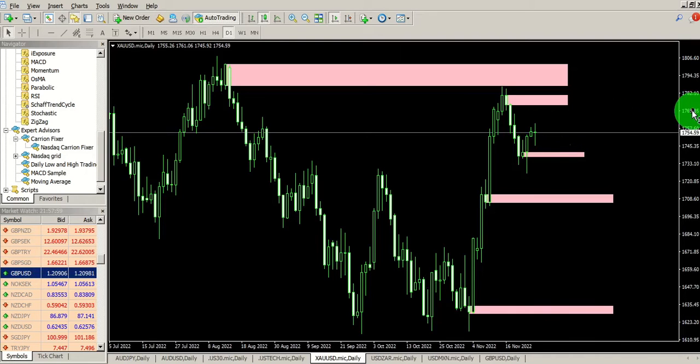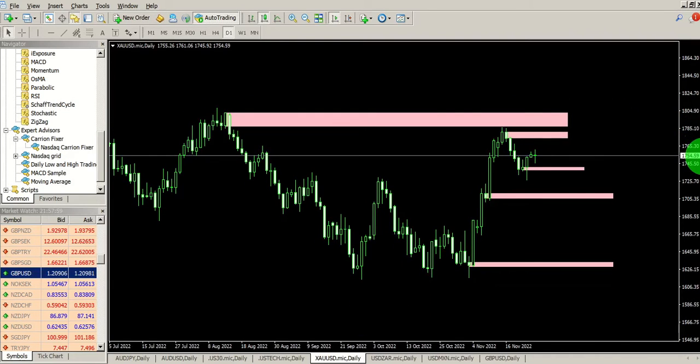Yeah, that's what we're looking for in gold for this coming week, starting on the 28th of November. So that's pretty much what we're looking for in gold.